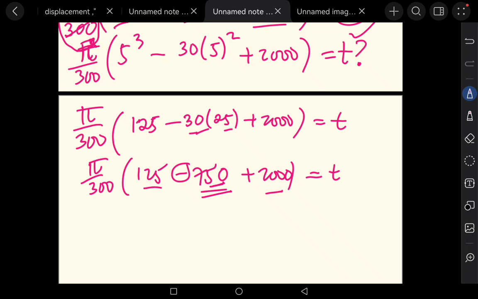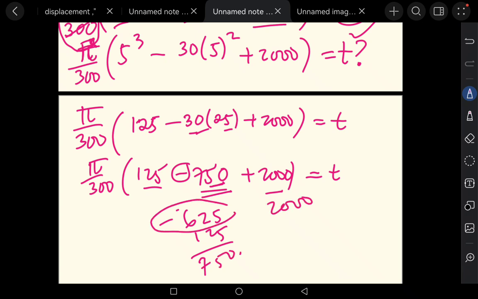So 125 minus 750 is negative 625, 2000 plus negative 625 is positive 1375.